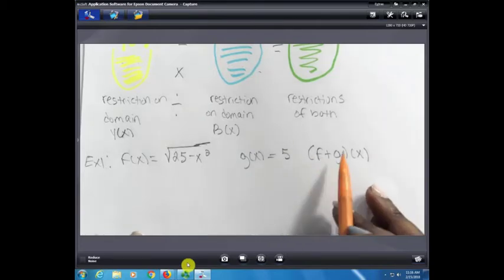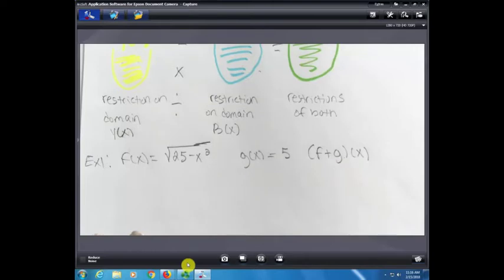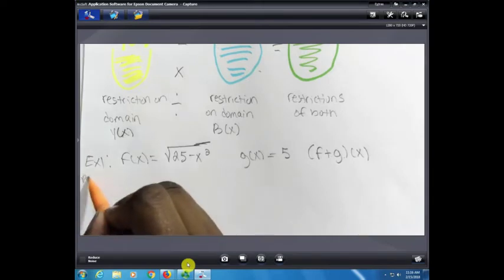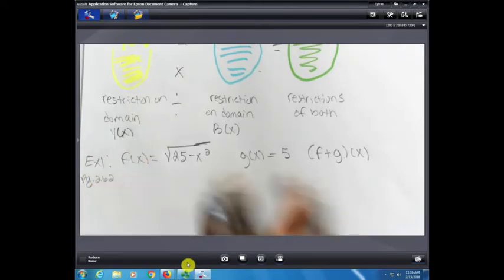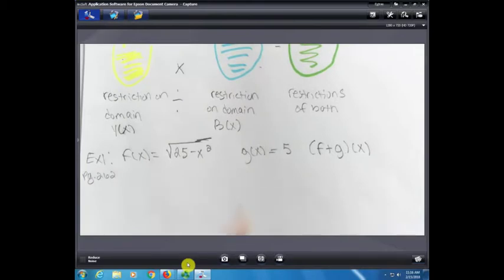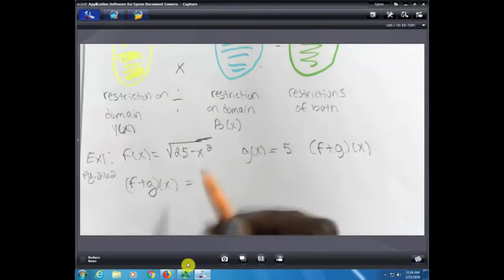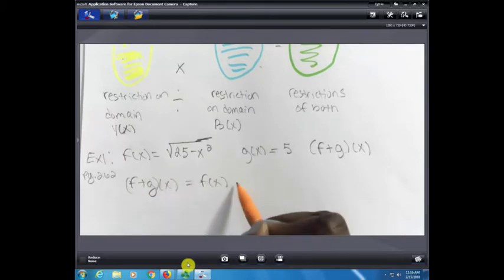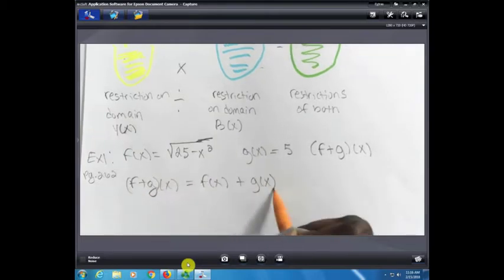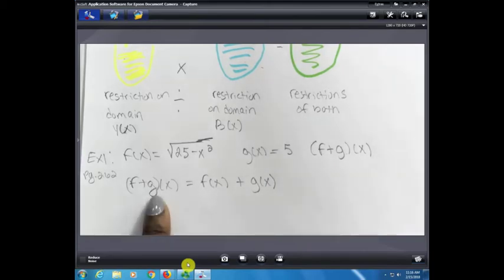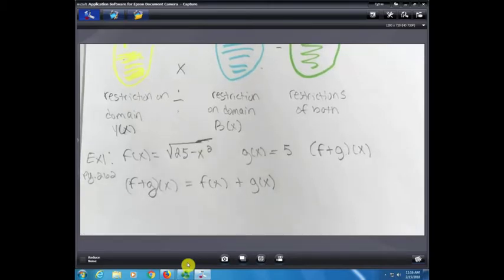So we're looking to add the f function plus the g function. And this is example 1 in your book, which is on page 262. Now this f plus g function, you could also write this as f of x plus g of x if you wanted to. They're basically telling you to take your f of x function and then add your g of x function. That's all you do there.